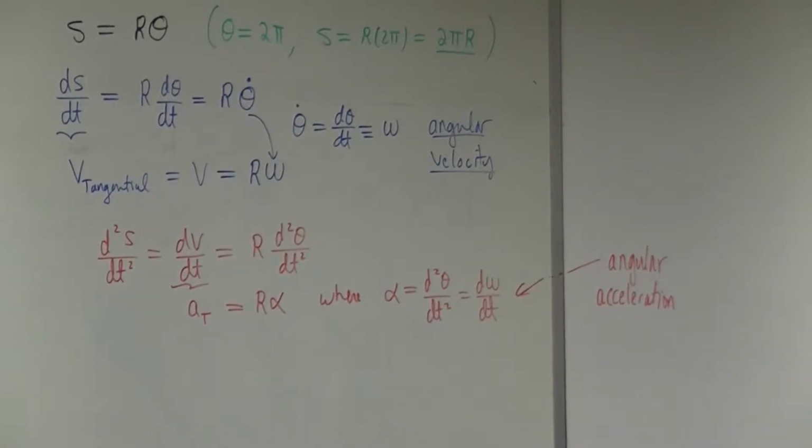So if I was to draw a picture, adding to my original picture in green, the centripetal acceleration would be like this.